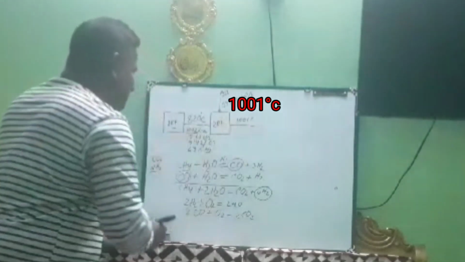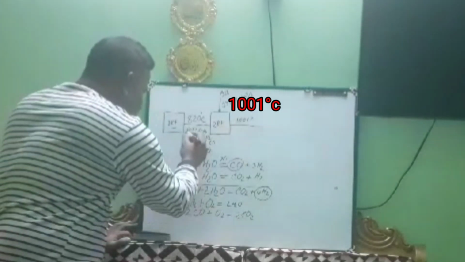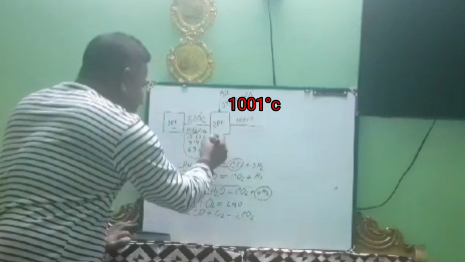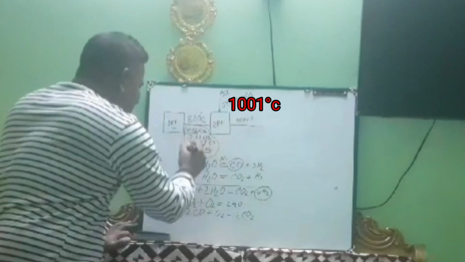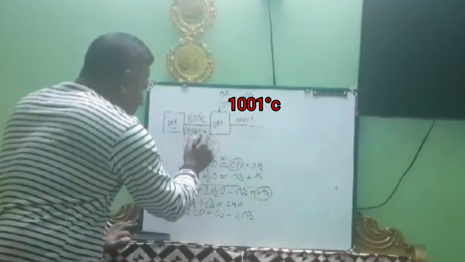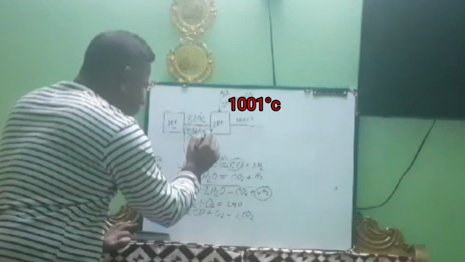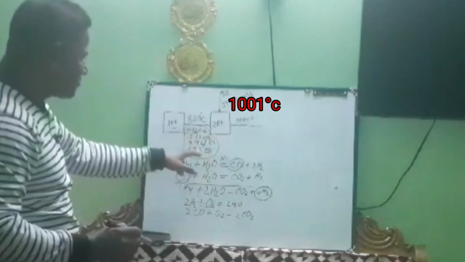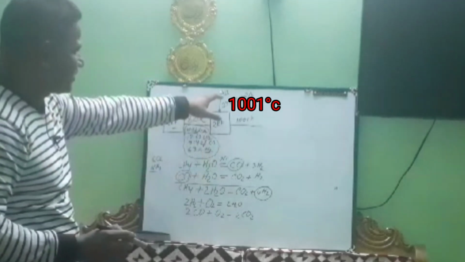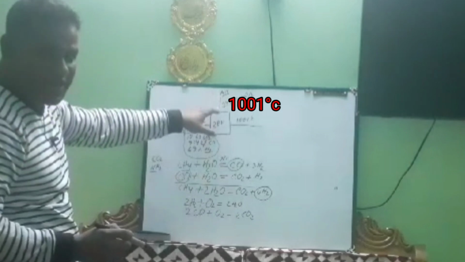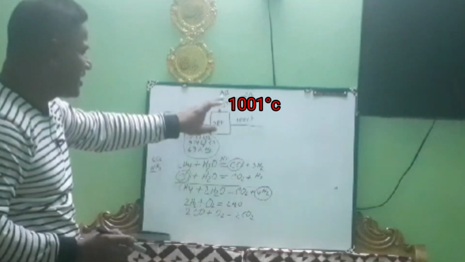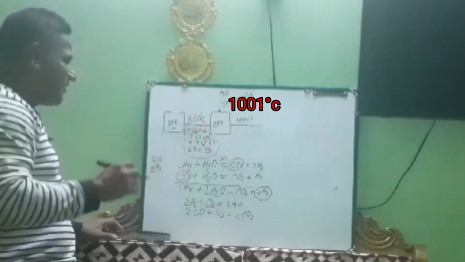At the outlet of the secondary reformer, the composition will change, because you can see this side only has methane, carbon dioxide, carbon monoxide, hydrogen, but nitrogen is not available. On the secondary reformer we are providing air, which has nitrogen, so nitrogen will also be available.